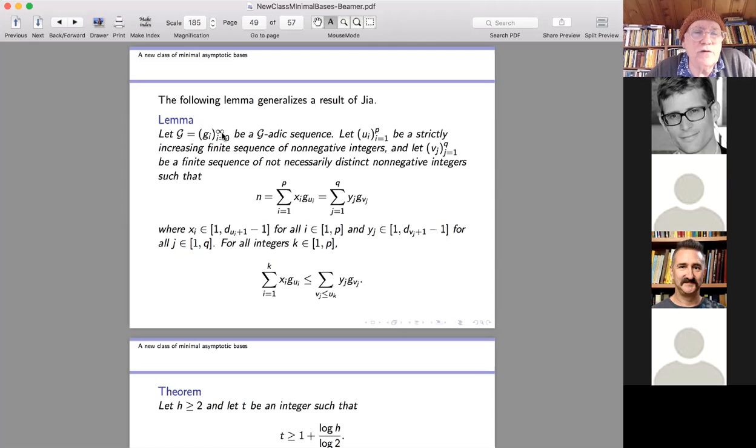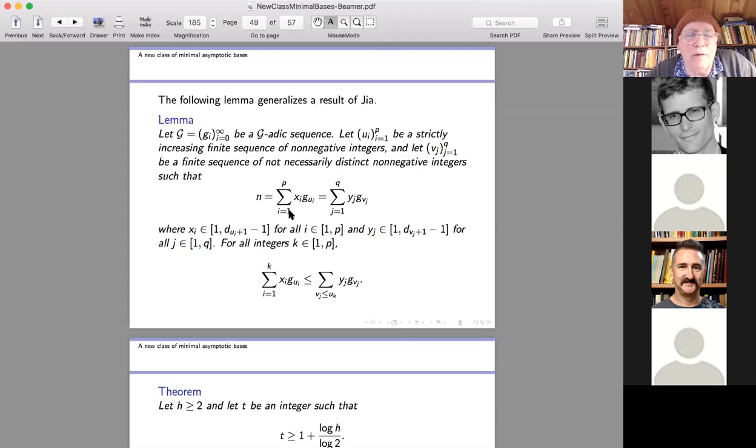So you take this g-adic sequence. These are positive integers, strictly increasing. Each term in the sequence divides the next. We take p pairwise distinct elements, so I can write them as a strictly increasing finite sequence. And I let v_j be a sequence of not necessarily distinct integers.